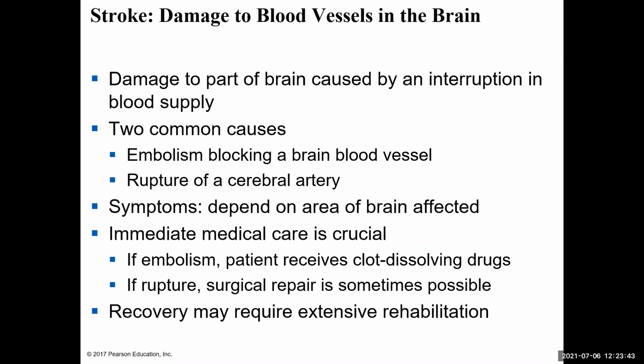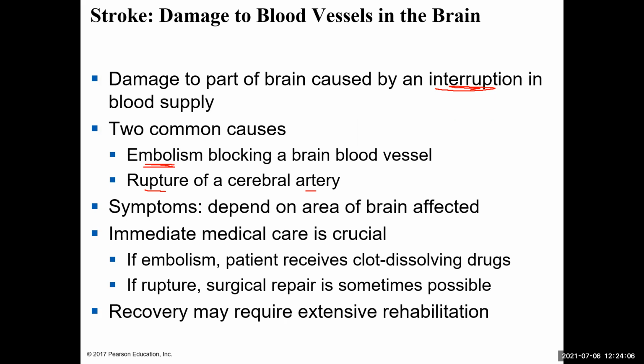And this damage is caused by some type of interruption, right? And so one of those could be an embolism, like we just mentioned, or it could be the rupture of an artery. And so let's say you have an artery rupture, you leak blood out of that artery, right, into the area surrounding the brain.